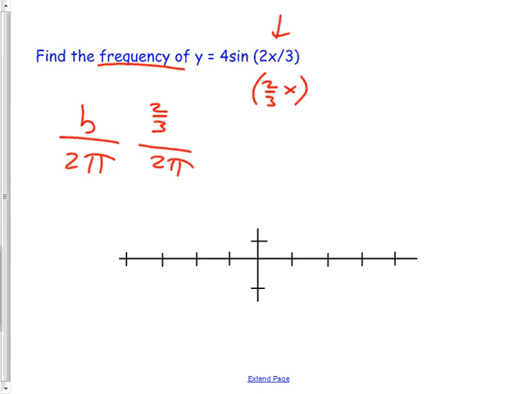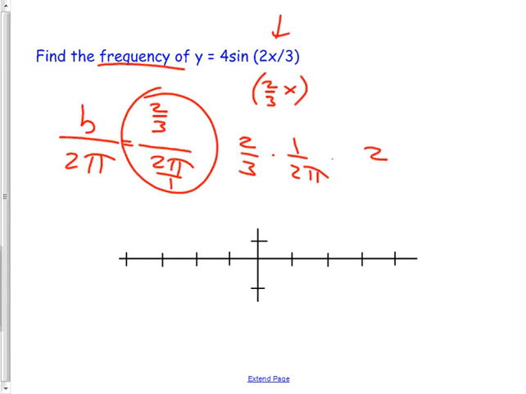And then when you flip, you do the reciprocal, 2/3 stays the same. We don't flip that. We flip this part. Times by 1 over 2 pi. Okay, and so now we've got 2 over 6 pi, which makes it 1 over 3 pi, also known as pi over 3.